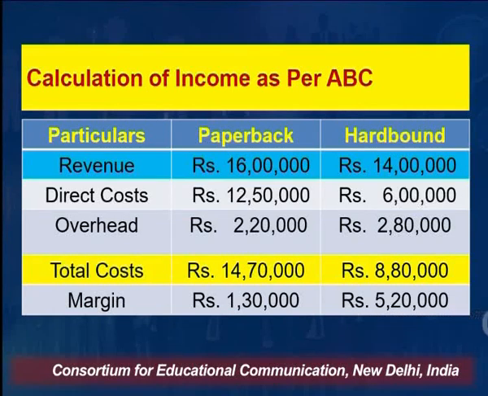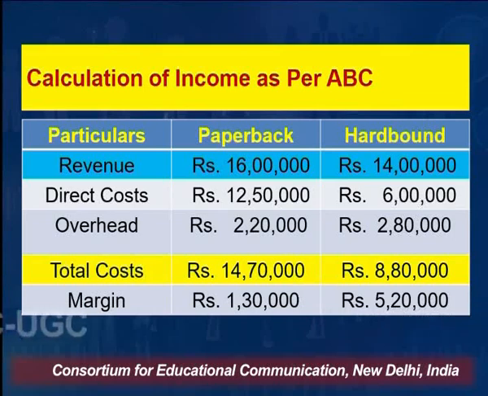So if you look at the calculation, revenue remains the same, 16 lakh and 14 lakh for both the variants, direct cost also remains the same, but here the overhead is coming from our activity based costing sheet, which we have prepared at the very outset, wherein when we did the calculation, we found the traceable overhead allocation to paperback was rupees 2,20,000, and for hardbound it was rupees 2,80,000.